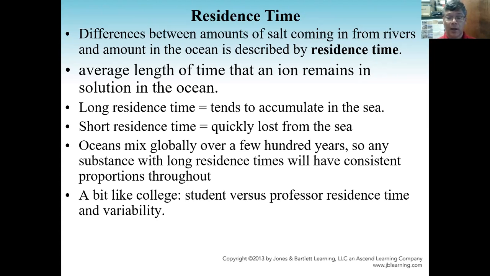Professors, on the other hand, tend to be stuck here a lot longer. Whether we want to do something else or not, we're here, so evidently we like it here, but we're resident for a much longer period of time, typically, than students. Correspondingly, if you look at the directory of students, that changes a lot faster. The directory of faculty changes slower.